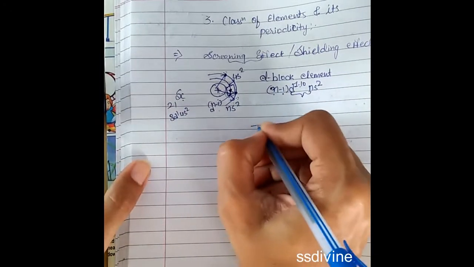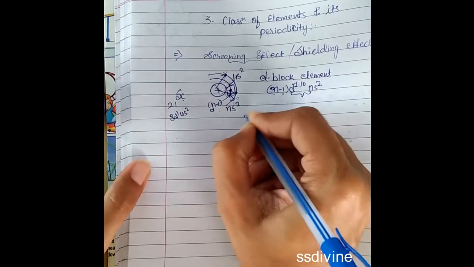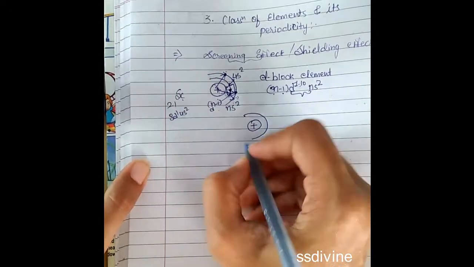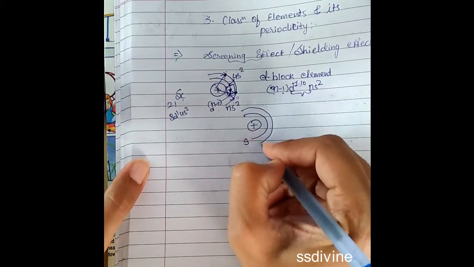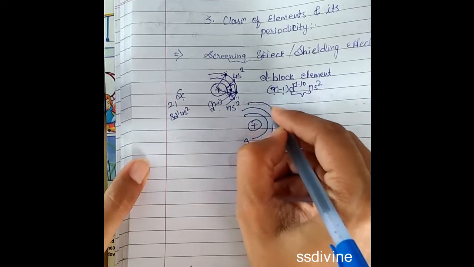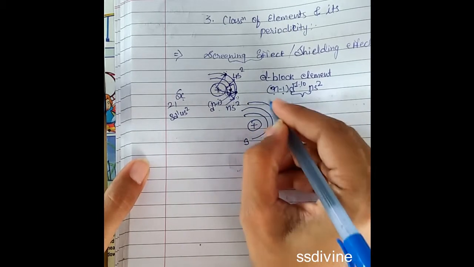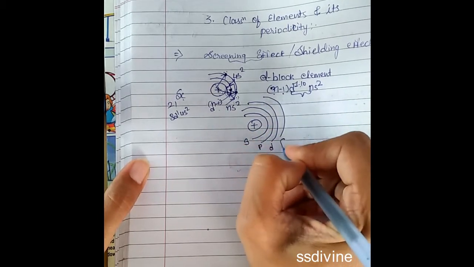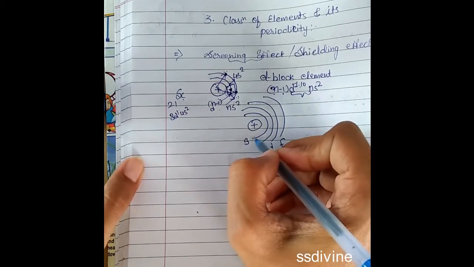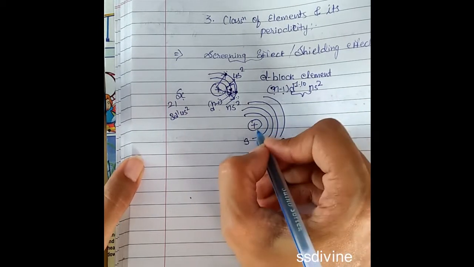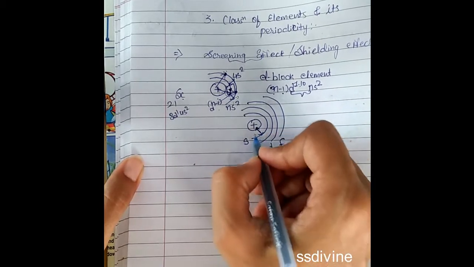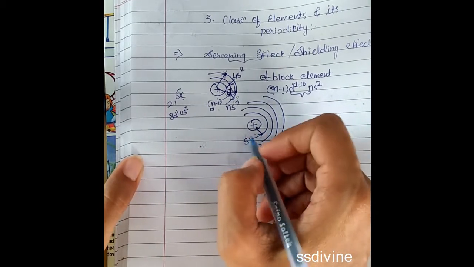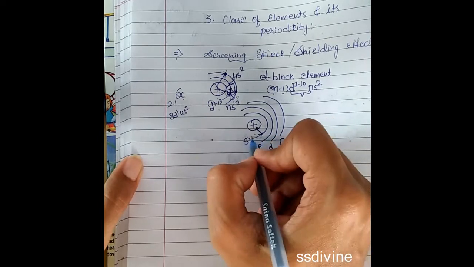Now the effect of screening or shielding block wise. See, suppose this is an atom. The innermost shell is S, right? Then P shell, then D shell, and then F shell, right? So S shell is closer to the nucleus, so the shielding power of S shell is highest.